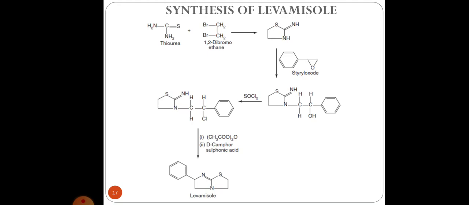This on further treatment with styrene oxide results in the formation of a compound that is 1-phenyl 2-thiazolidin-3-yl ethanol, which on further treatment with thionyl chloride results in the replacement of OH by chlorine group.